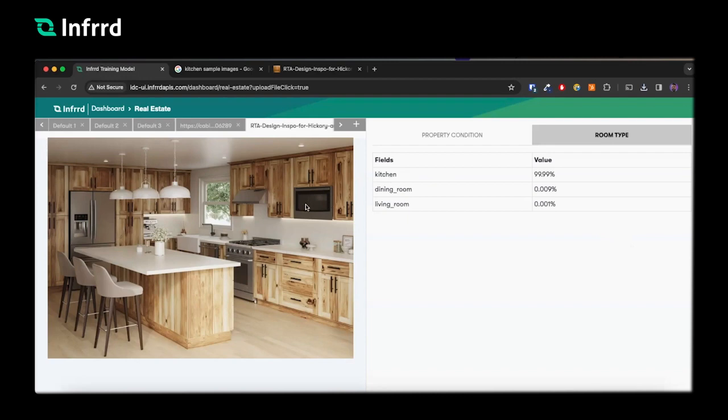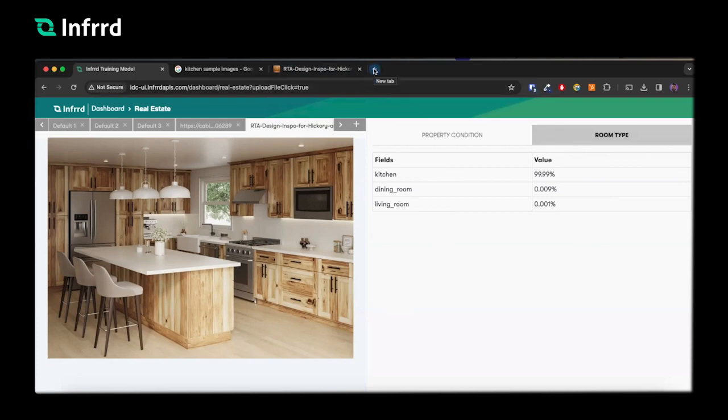When it comes to processing images, since this uploaded image could be anything, we generate a probability score, we call it a probabilistic score instead of a confidence score. So that's the only technical difference. But a lot of these data points can be used as a confidence score as well. Awesome. So in this case, the property condition shows up as excellent, and room type is kitchen with the highest probability score.